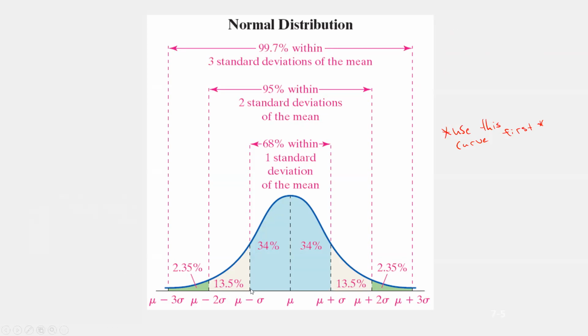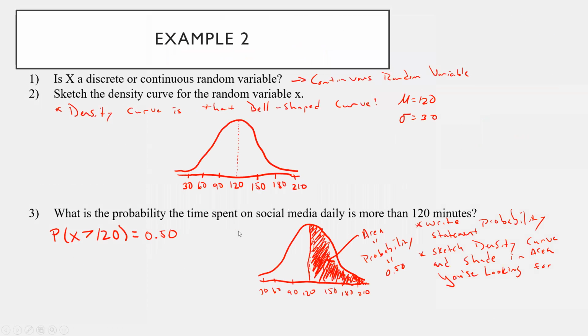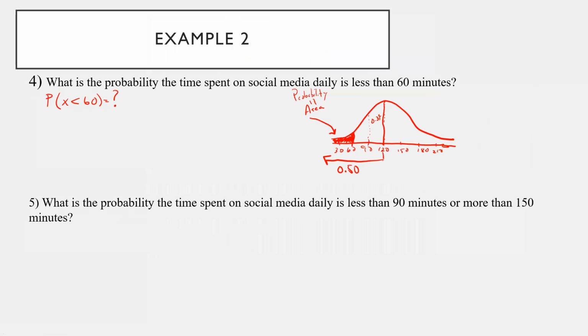This is the area between 1 standard deviation and 2 below. How much is this right here? Yep, 0.135. So I don't care about this 0.34 and this 0.135.